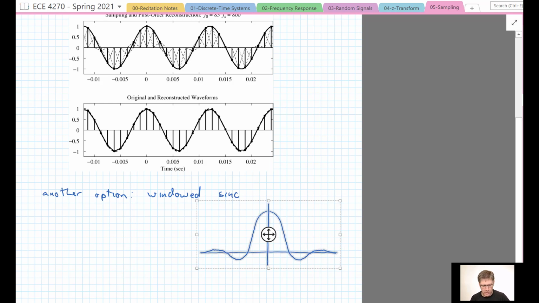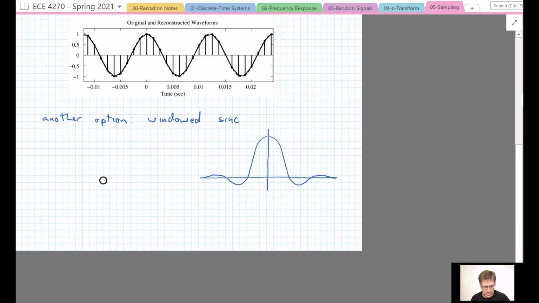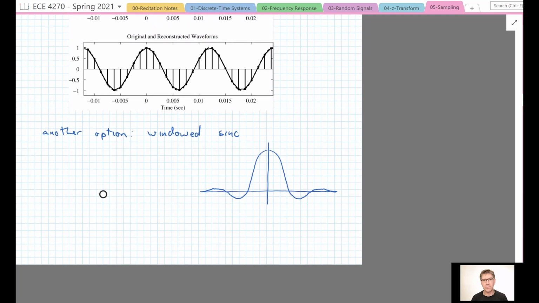Before we go on, let me mention one other approach that is commonly used. I'm just going to sketch it out as an outline for you. And that is, as I mentioned, it's very easy to use a zero order hold filter electronically. But the problem is you end up with spurious frequency components because of the sharp, jaggedy edges.